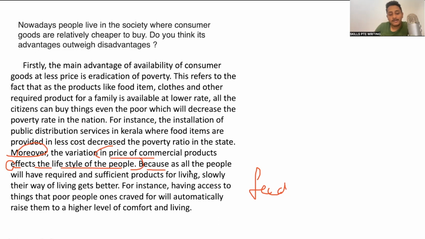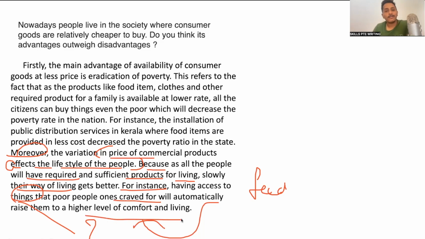Because as all the people will have required and sufficient products for living, slowly their way of living gets better. For instance, having access to things like what? Not written. Having access to things that poor people once craved for will automatically raise them to a higher level of comfort. How? She knows it.